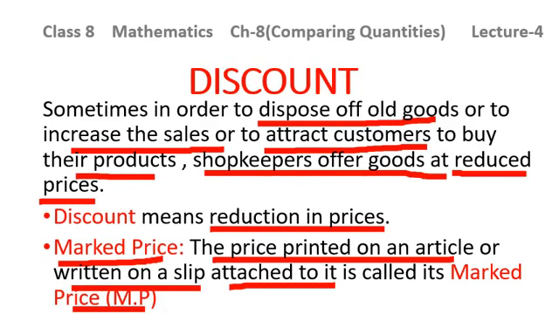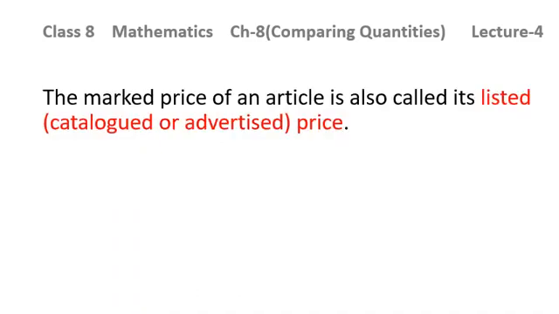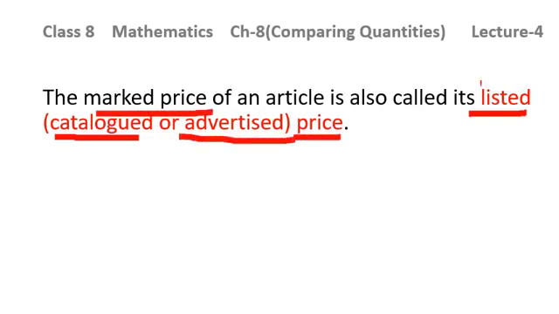So the price printed on an article or written on a slip attached to it is called its marked price. The marked price of an article is also called its listed, catalogued, or advertised price.